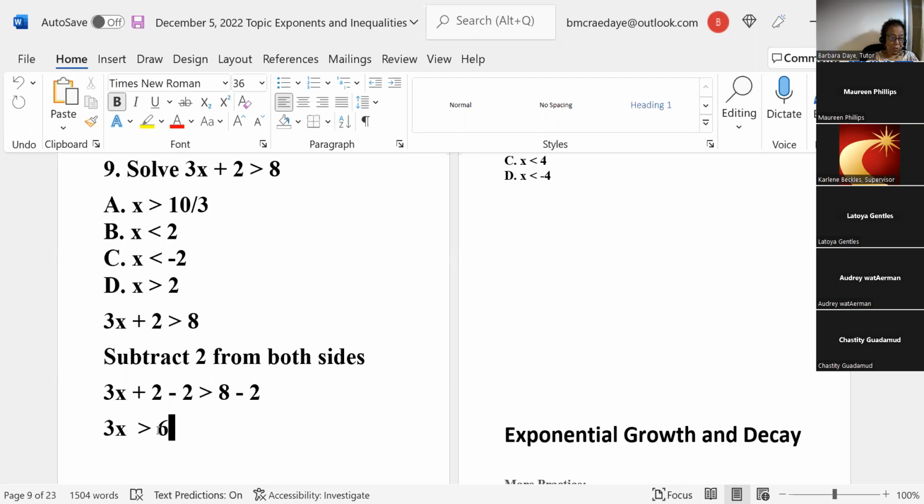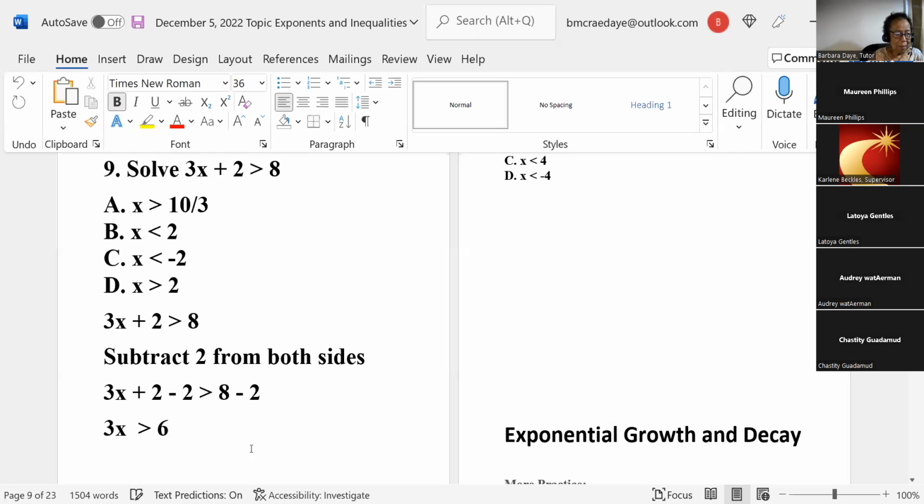Yeah, it could be 3, right? So based on your choices, what would satisfy this being greater than 6? 3 times what? 3 times 3 is 9. So what answer would you put here? A, B, C, or D?